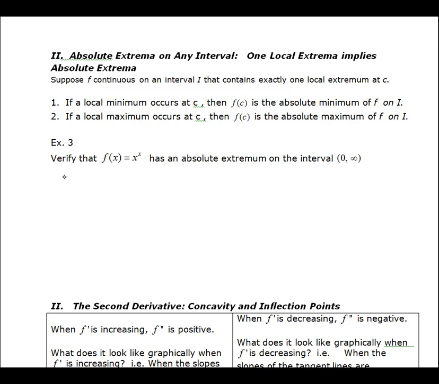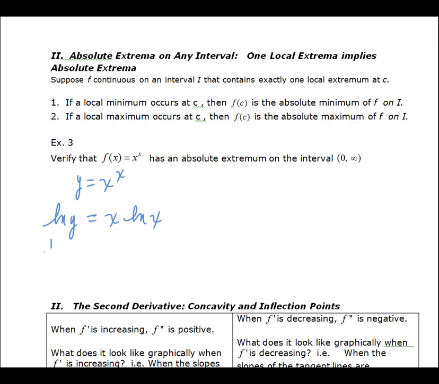So let's take the derivative, and in doing that we want to start by writing it as y equals, because we're going to use logarithmic differentiation here. So we'll write it as y equals x to the x. We'll take the natural log of y. That's going to equal x times the natural log of x.